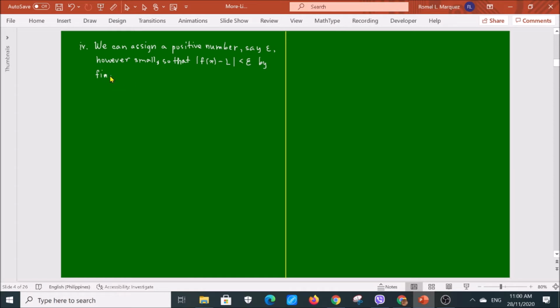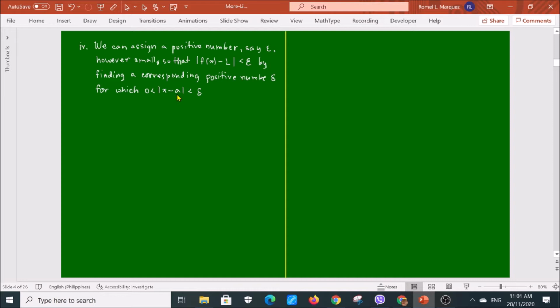By finding what? By finding a corresponding positive number delta for which this absolute value of x minus a is between 0 and delta.